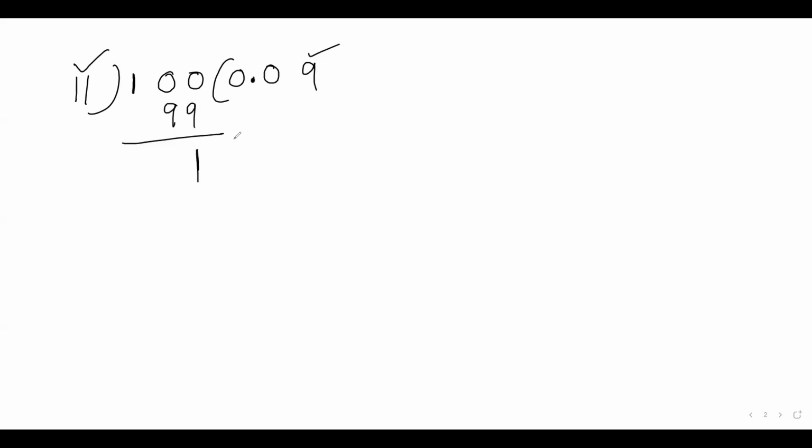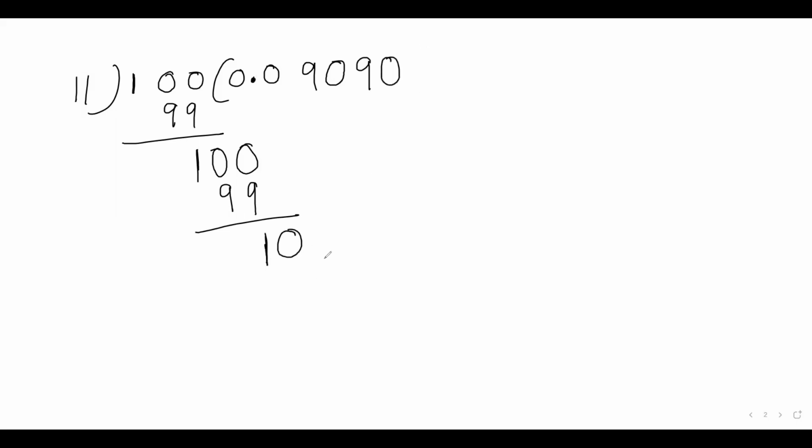With the help of the point you can put 10. 10 is smaller, so put one more 0 so that it becomes 100. 11 nines are again 99. Subtract, 1 will remain. With the help of the decimal point, put 0. 10 is smaller, put 0, it will become 100. 11 nines are 99.